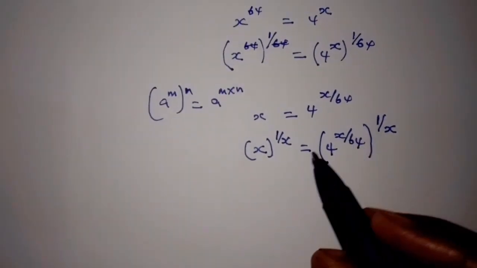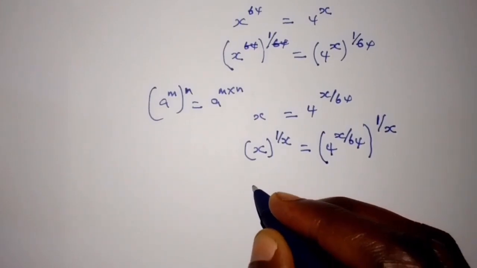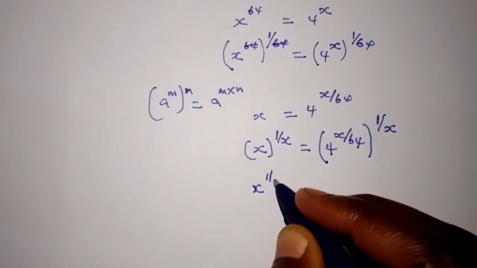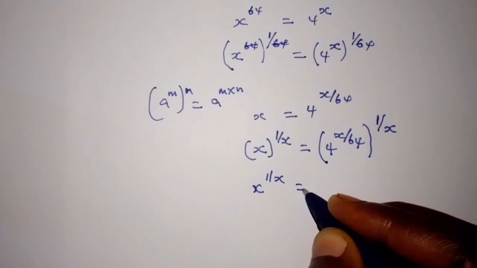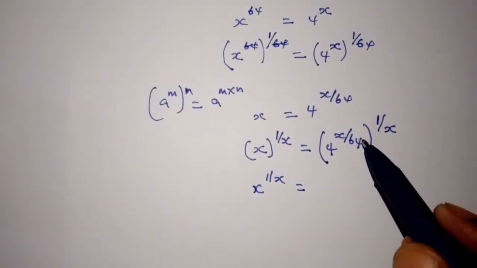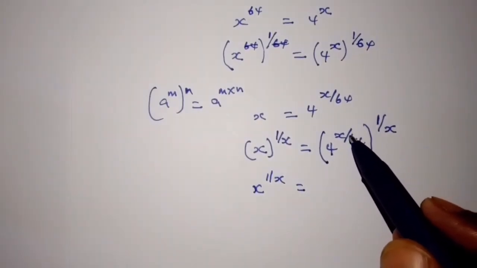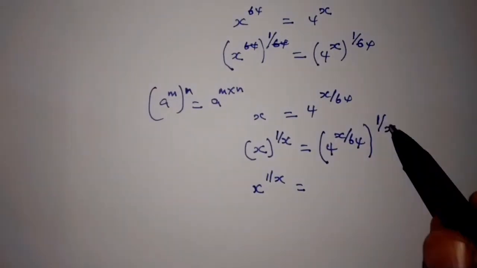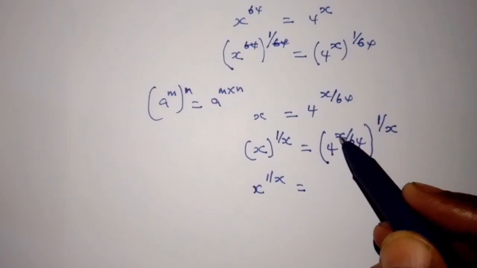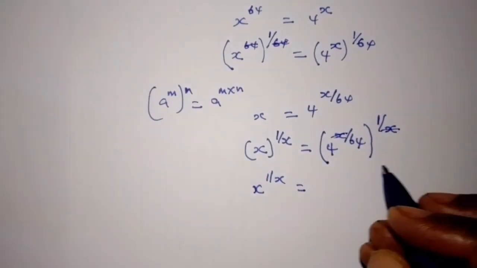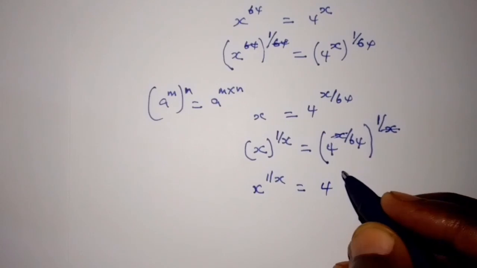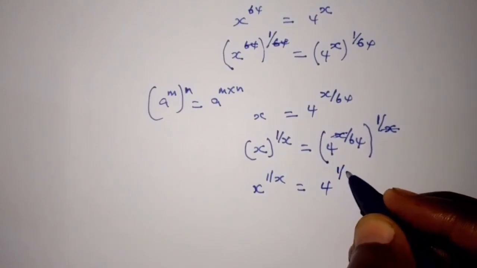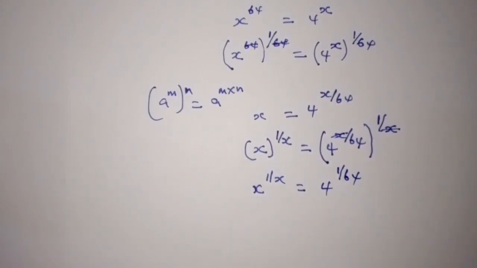So from here we have x power 1 over x is equal to 4 power x over 64 times 1 over x. x is going to cancel x. So we are going to have 4 power 1 over 64.